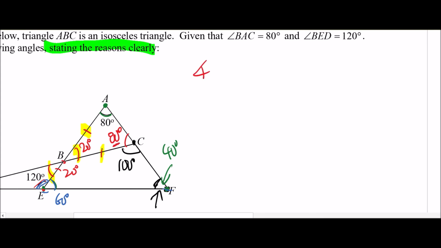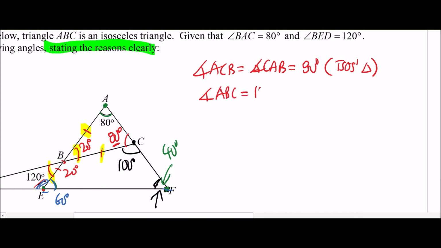We know that angle ACB equals angle CAB equals 80 degrees because we have an isosceles triangle. Next, we can go ahead and find angle ABC, which is 180 degrees minus 160 degrees. That gives us 20 degrees because of sum of angles in a triangle.